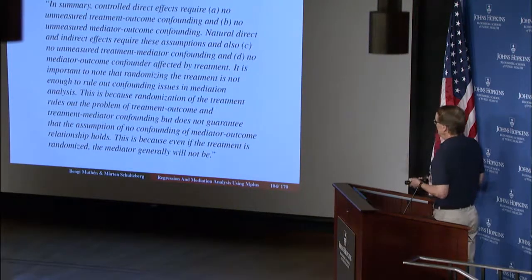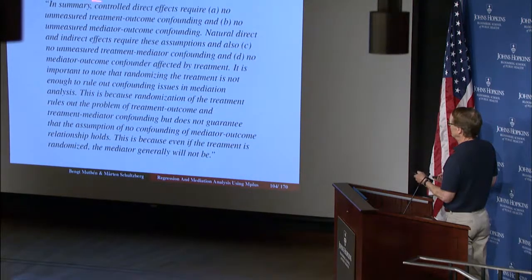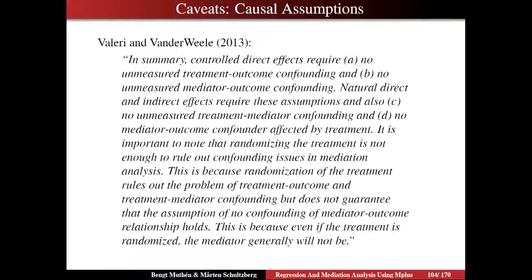So here you have it. This is a very nice Psychological Methods article by VanderWeele. You may want to read it through for a second and really savor the words. The important thing that you want to underline is that randomizing the treatment is not enough to rule out confounding issues in mediation analysis.